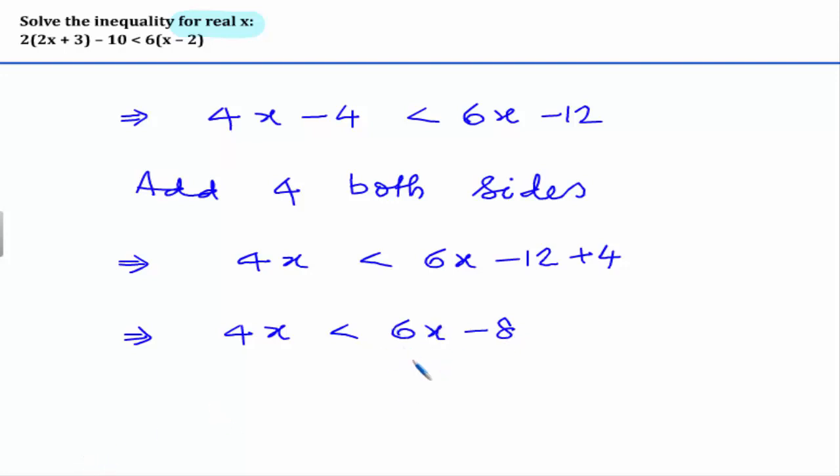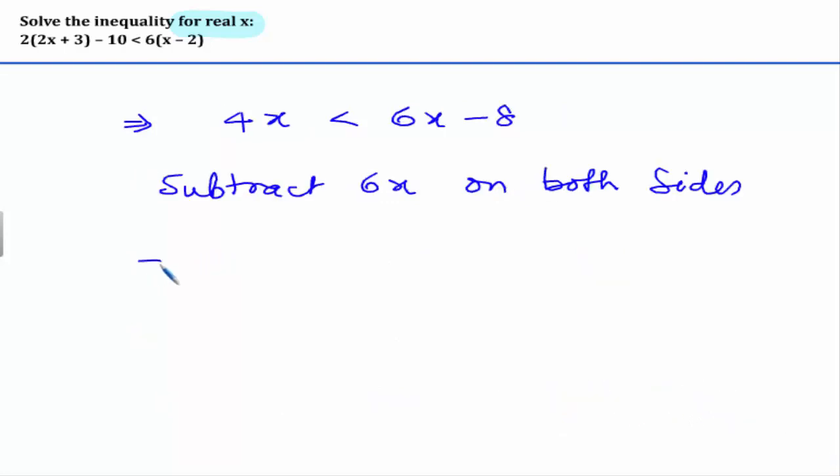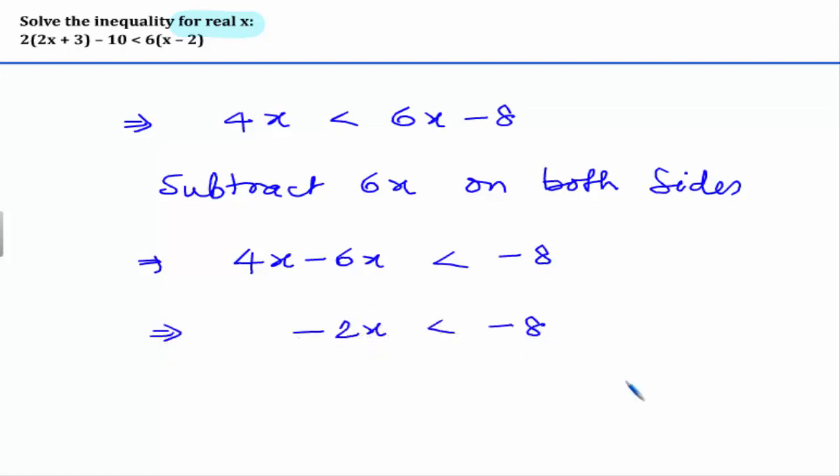Now this 6x also should be cancelled. So subtract 6x on both sides. So we get 4x minus 6x less than minus 8. So this will give us minus 2x less than minus 8.